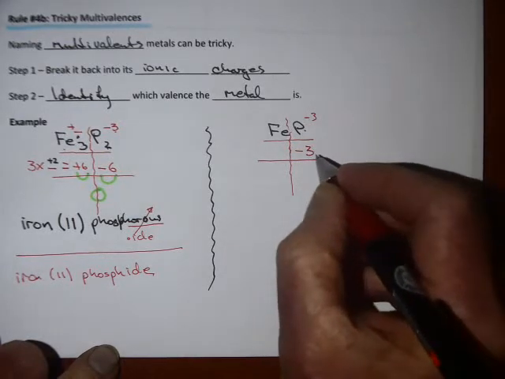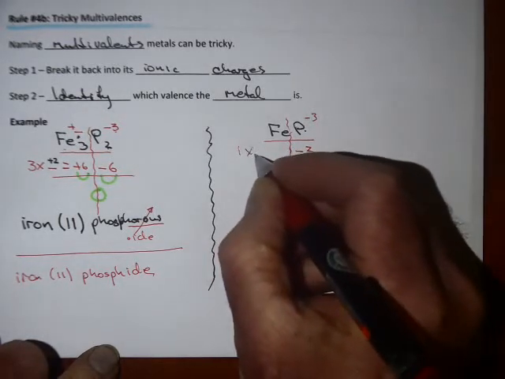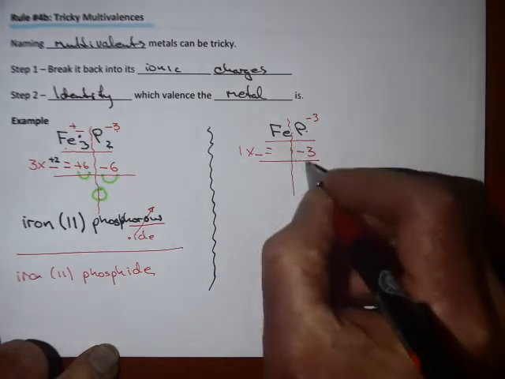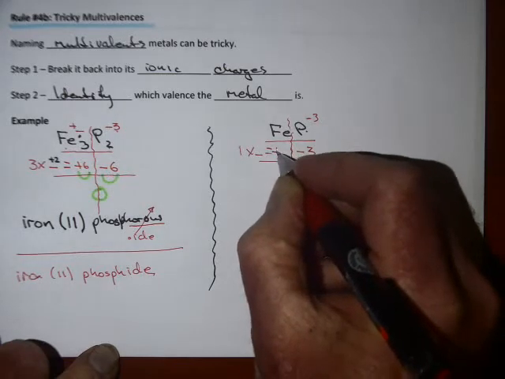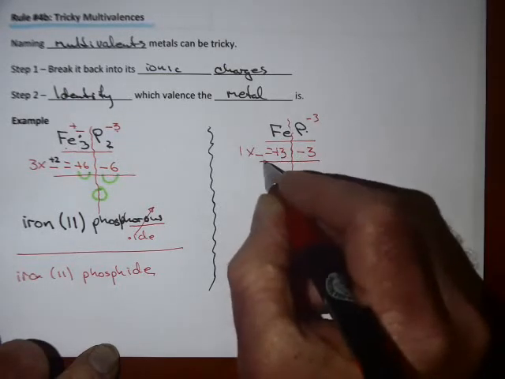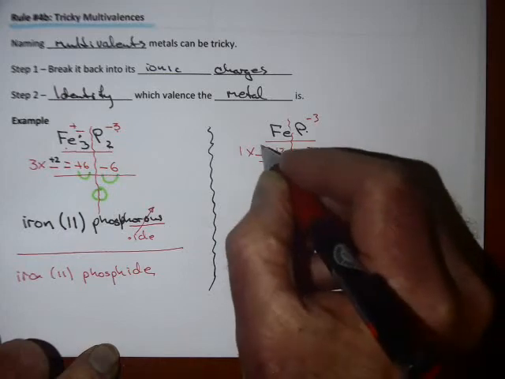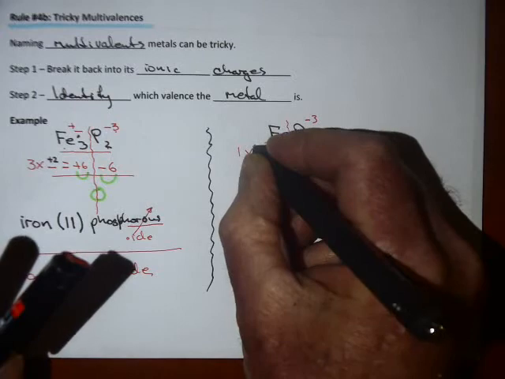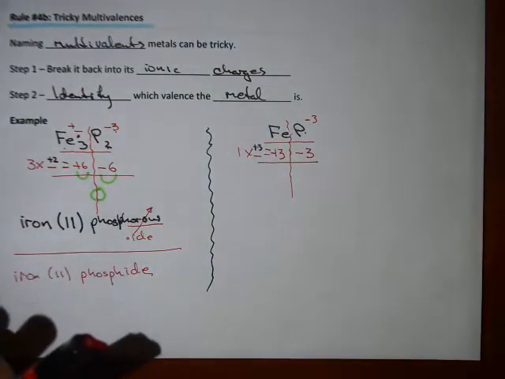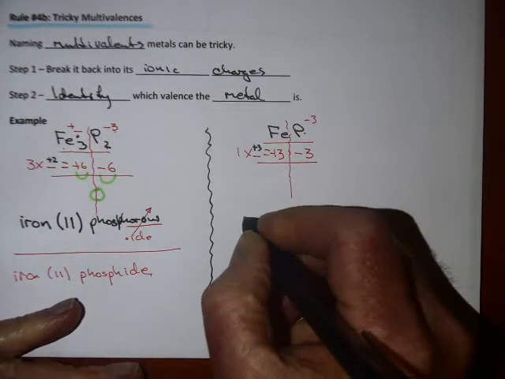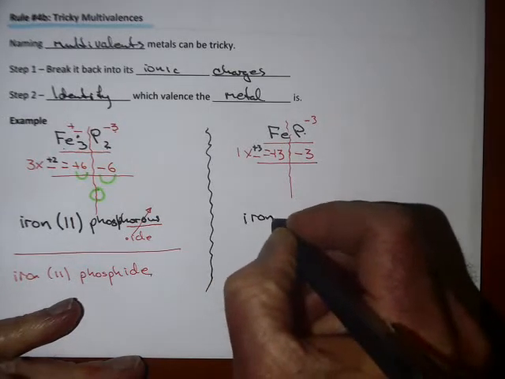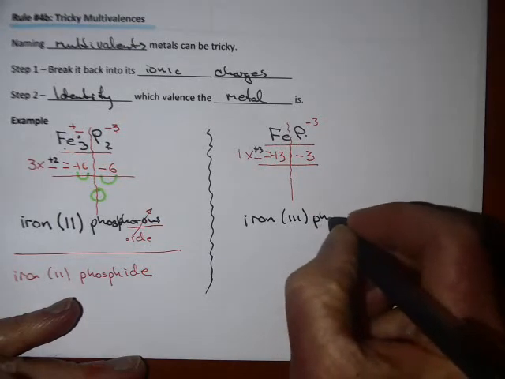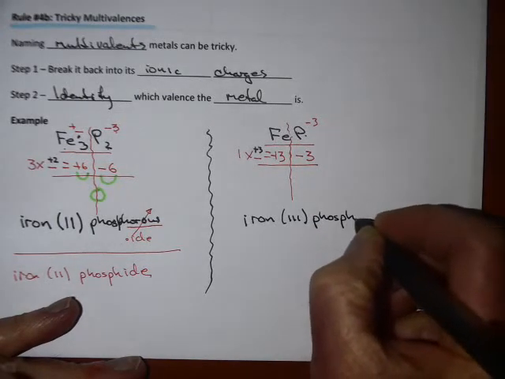And I have to come up with 1 times some number that when added to minus 3 gives me 0, or in other words, what number times 1 gives me plus 3. So we know that the charge is plus 3. So in the end, this is going to be called iron 3 phosphide.